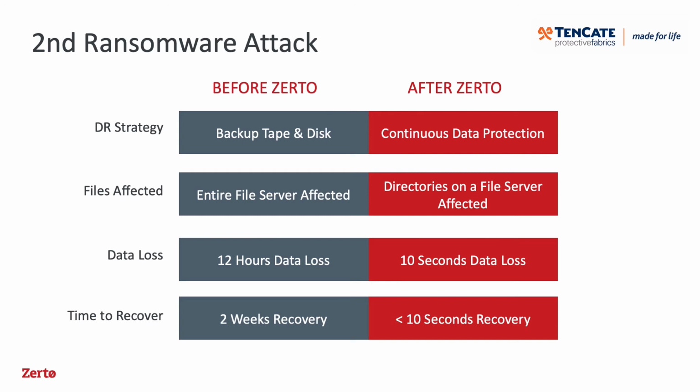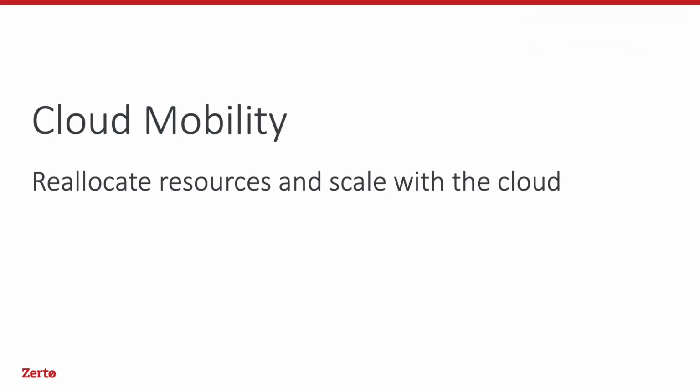Another really important imperative for organizations is being able to have cloud mobility. Have the ability to reallocate their resources and scale with the cloud. But the first thing that you need to be able to do so is reliable infrastructure.